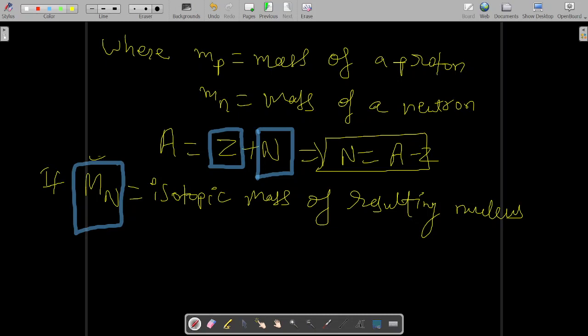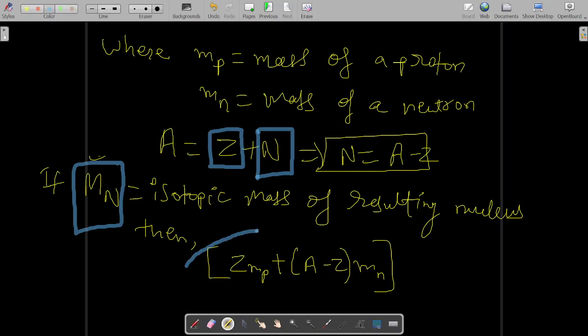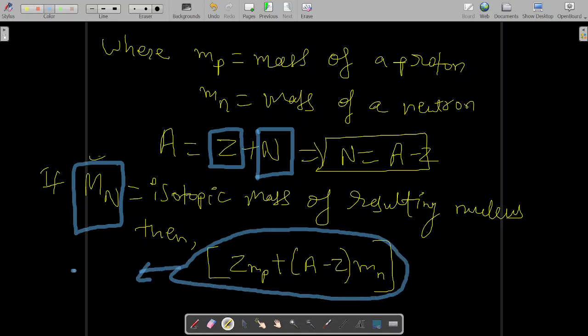Okay, then what happens? Then clearly, this will be your mass defect case. We are not taking the mass excess case, because in the case of mass excess the nucleus is very much unstable. So we are taking the generalized case of mass defect. So this is your isotopic mass of the resulting nucleus, capital Mn, and this is your sum of the masses of individual nucleons.